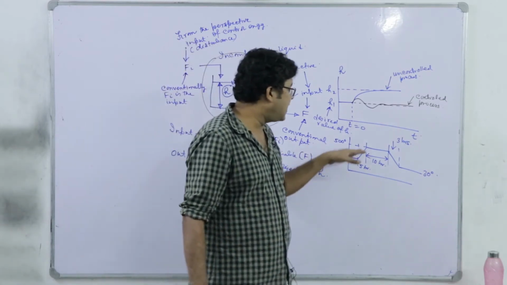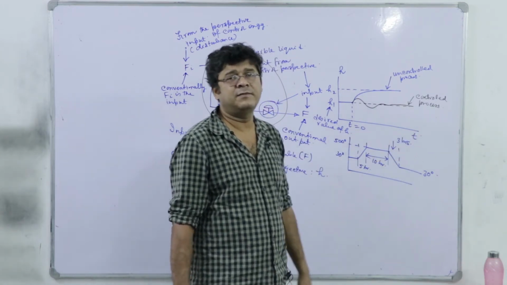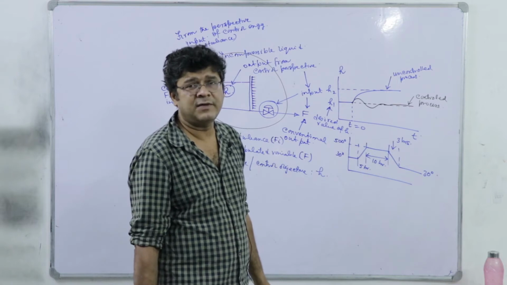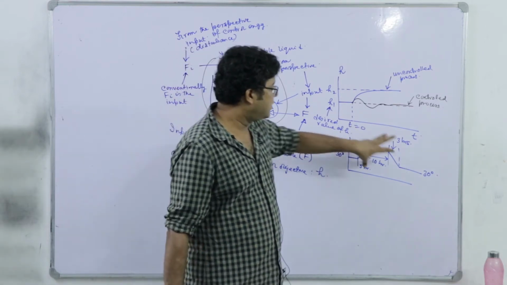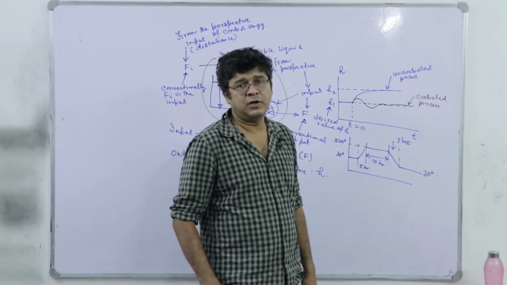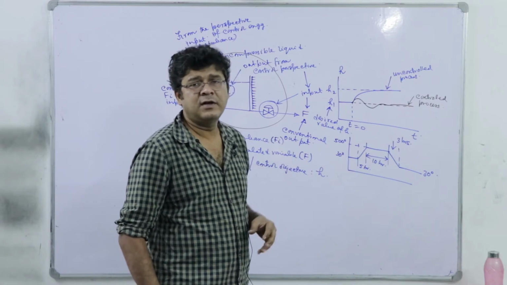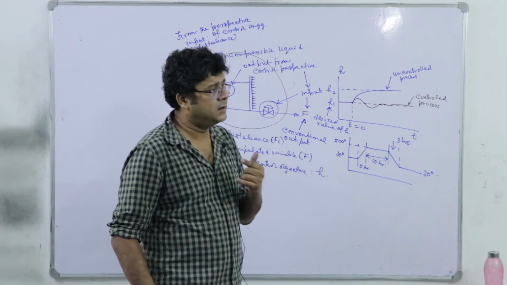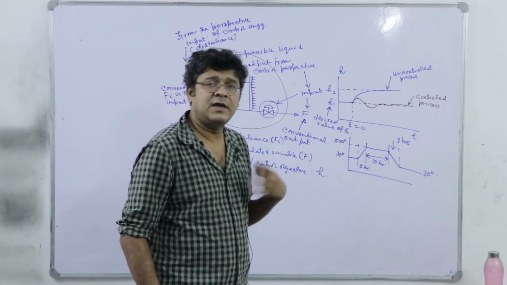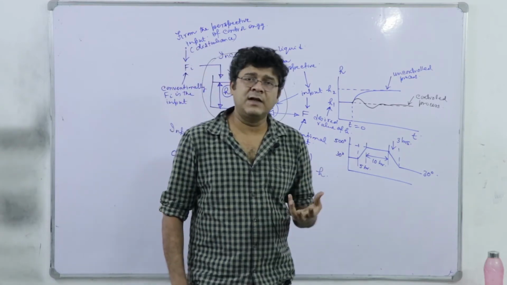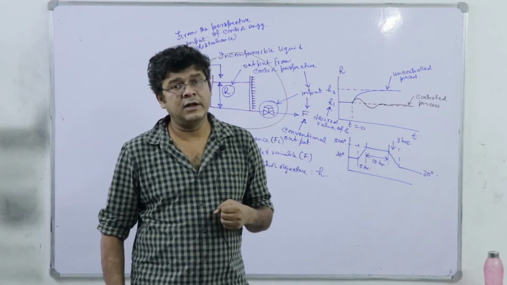But the desired state variable, the primary state variable of interest, which is our control objective as well, is the temperature of that furnace. There may be multiple other state variables as well. And we don't have any disturbance, because we are giving the power to that furnace through a stabilizer. So even if in the main line there is a voltage fluctuation, we assume there will be no voltage fluctuation in the heating coil.